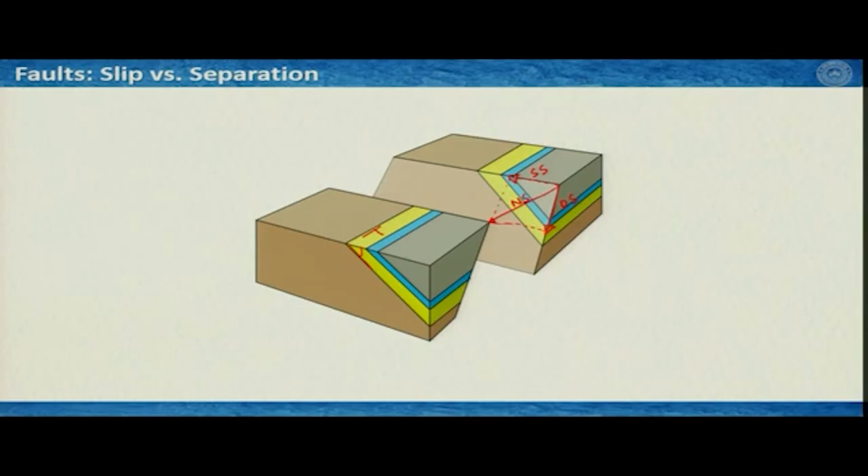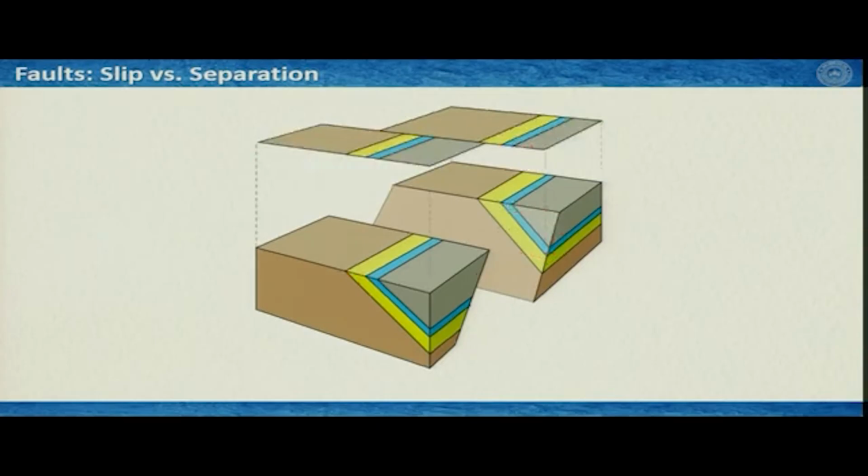Now, imagine that with time this part got eroded and then we are doing field work on the surface. If I project this on the surface, I would see something like that. So, on the surface you see this strike slip separation, right.